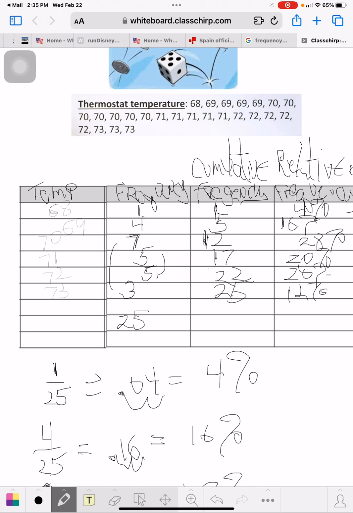Right now we only have 25 numbers, but what happens if you had done a sample of 500 people, 1,000 people, 2,000 people? How would you even say what temperature most people keep their house at? But you do a chart like this, you can actually look at it and say, wow, most people keep it at 70, or most people keep it at 71 or 68.